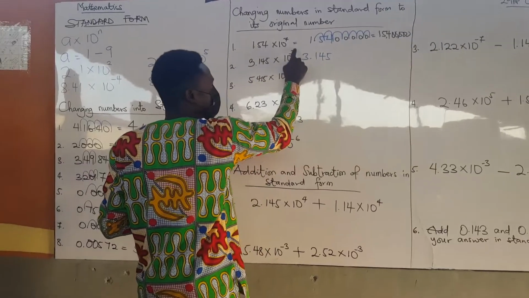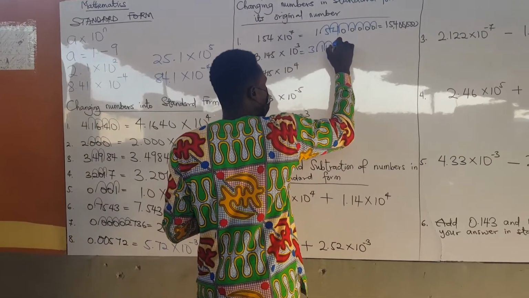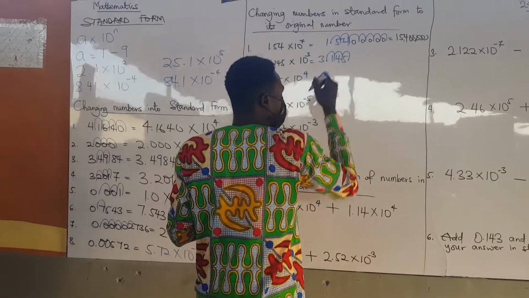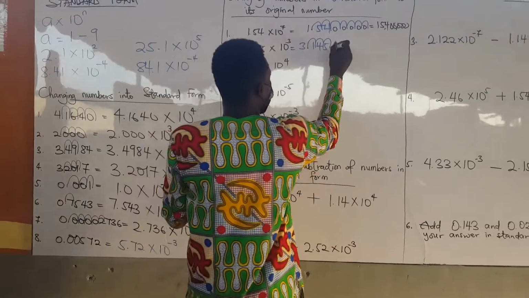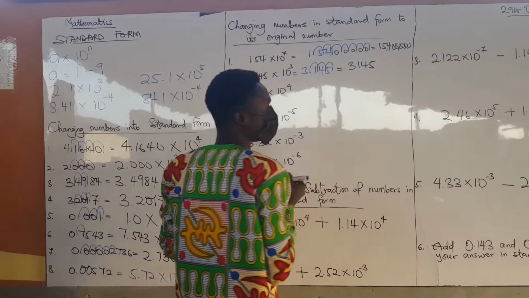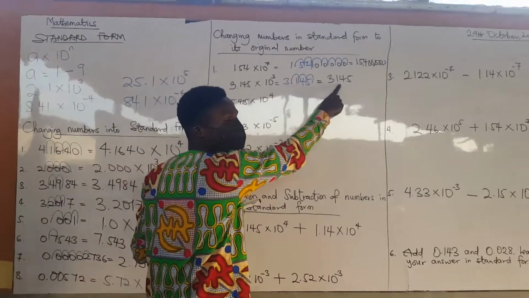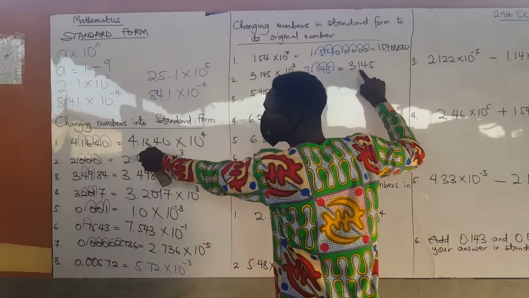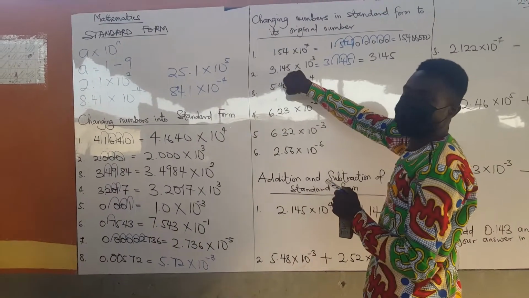How many times? 3 times. So moving will give me 1, 2, 3. Now the point will come behind the 5, which is going to give me 3145. So this in its original number is this. And if you use this approach to change this into standard form, you end up getting this.